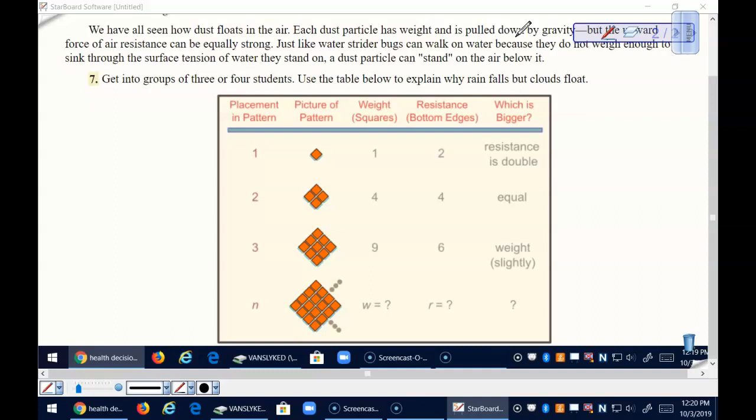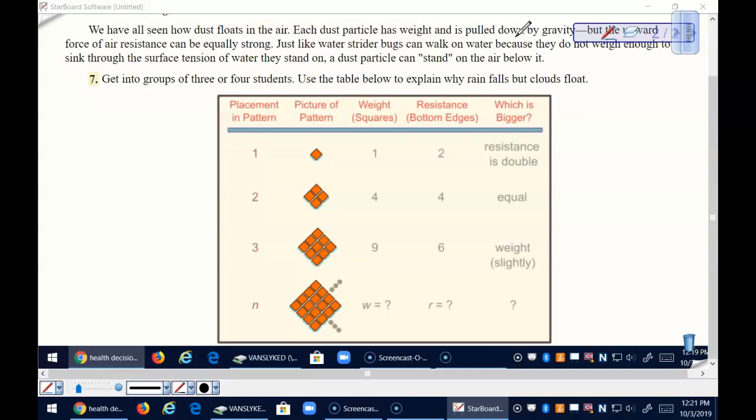So there's a pattern of the weight, and there's a pattern of how much is the blue highlight, that might be hard to see on the screen. As the water condenses and gets bigger, each drop gets bigger, the patterns don't increase at the same rate. The weight goes up like the square pattern. We saw the square pattern on Tuesday.